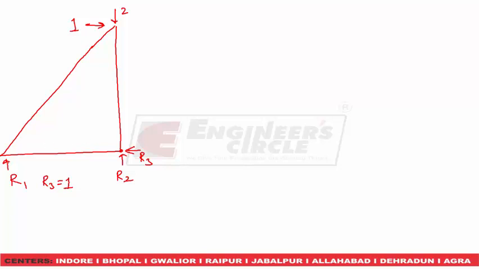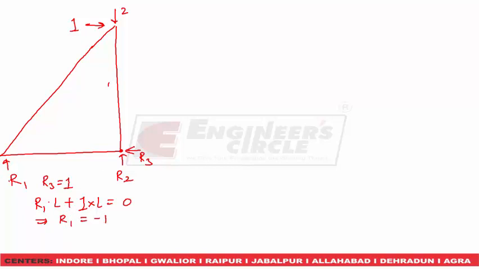So the moment of this force will be R1 into L, this distance is L, and moment of this force will be 1 into L. Now about this point, moment of 1 is in clockwise direction. So moment of this R1 should be in anti-clockwise direction. It implies that R1 into L plus 1 into L equal to 0. So from here we are getting R1 equal to minus 1.